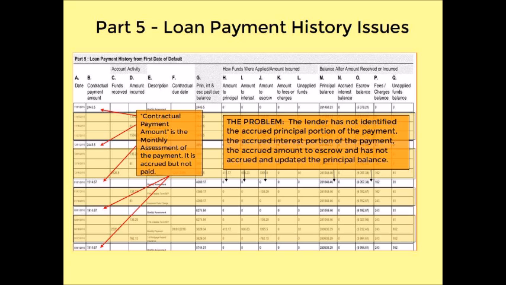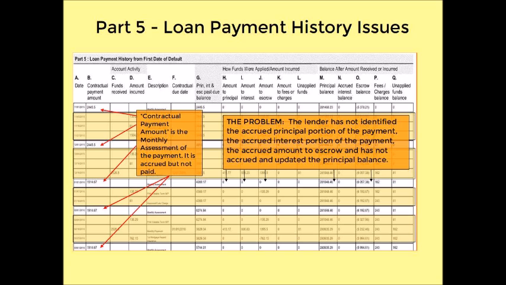If you see that the principal balance, when you're going down the form, they're assessing payments and they're not updating the principal balance, that's your main problem right there. If you also see that the columns allocating principal and interest are not being completed, those are areas of big problems as well.